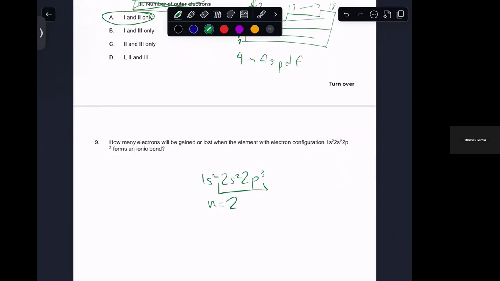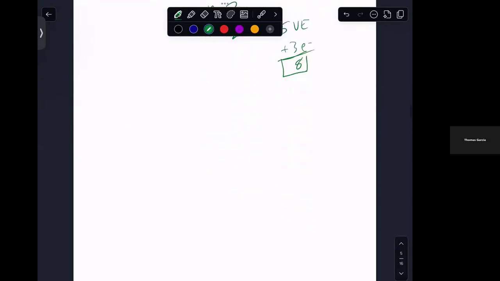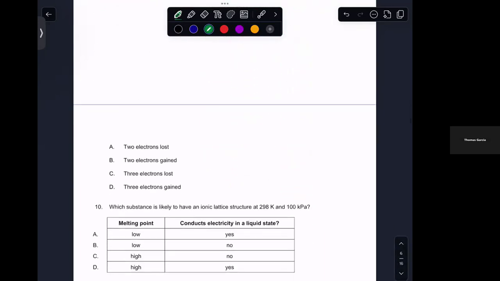I see that we have 2 s electrons plus 3 p electrons for a total of 5 valence electrons. It's going to add 3 electrons to get to 8, the magic number for an octet. So we'll gain 3 electrons. So 3 electrons gained right here.